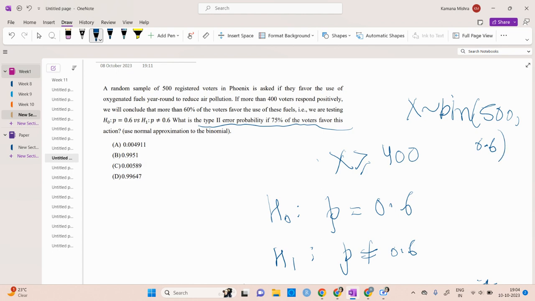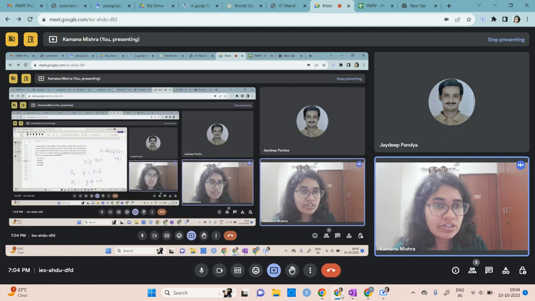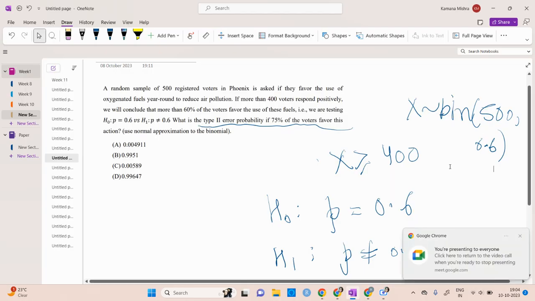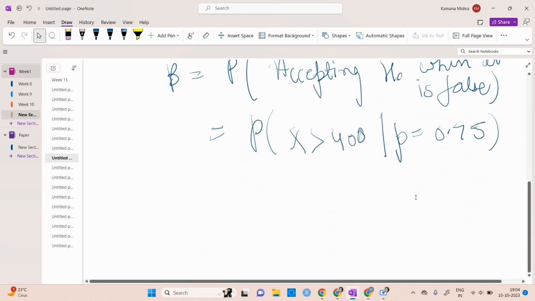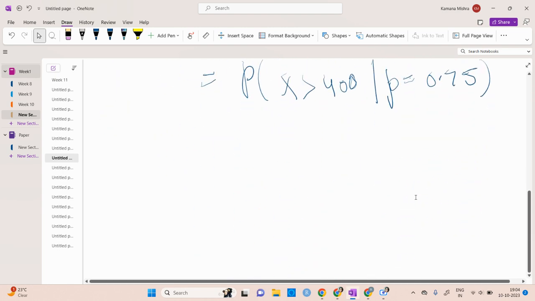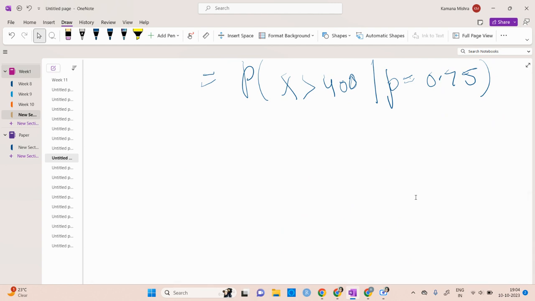But it will be very difficult if we deal with the binomial distribution here, right? Because what will happen, it will be 500C401 and then 402, and it will be a lot of hectic work.